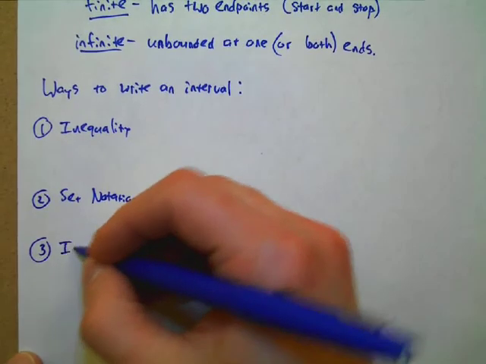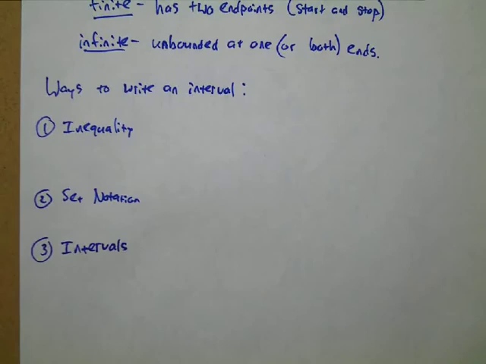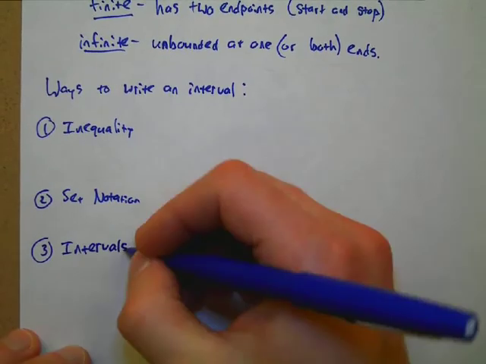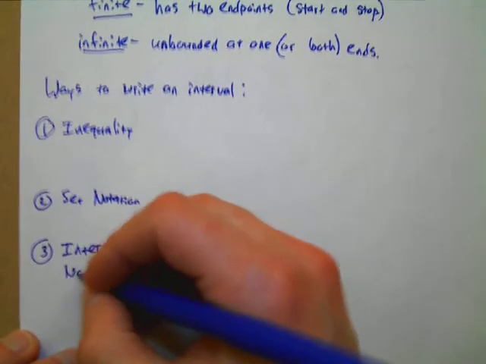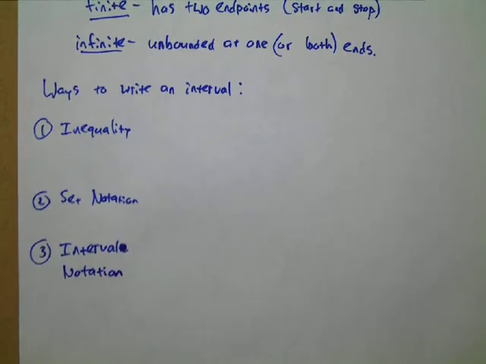I'm like, why do we bother with this? But you might be thinking, why do we bother with any of this? I get that. And then interval notation. So you can write an interval as an inequality, in set notation, or in interval notation.